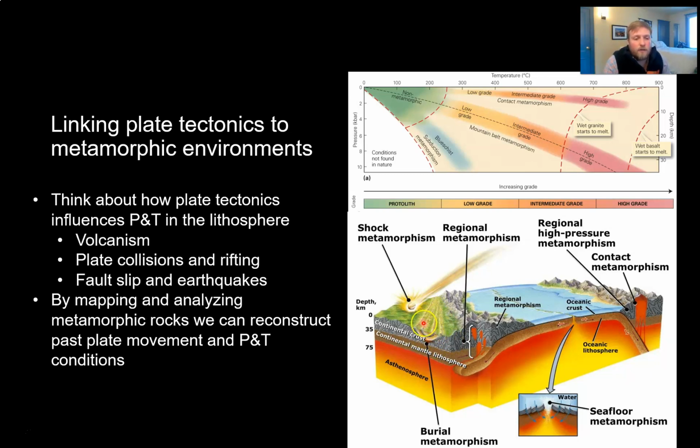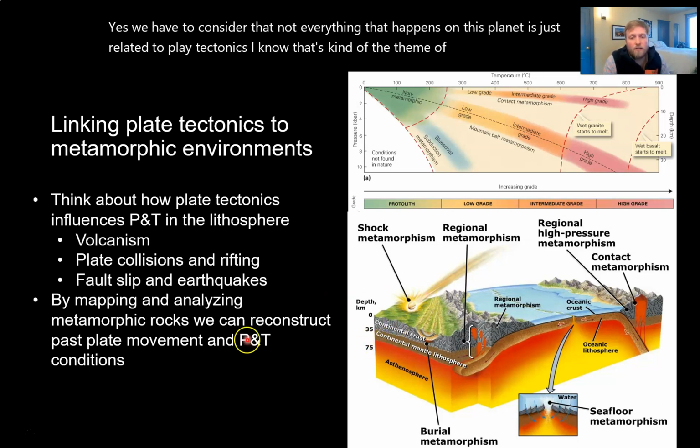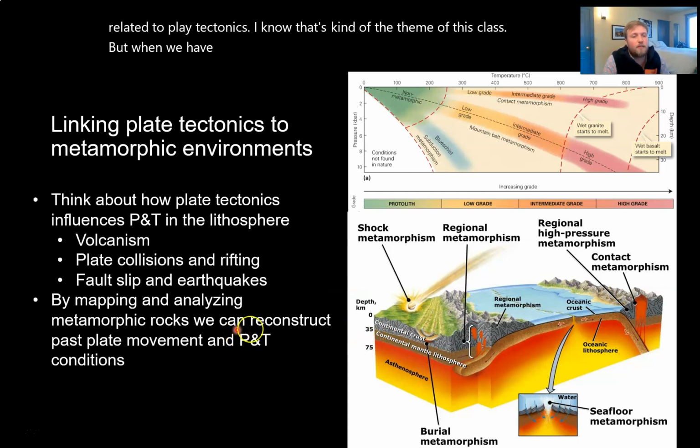And then, yes, we have to consider that not everything that happens on this planet is just related to plate tectonics. I know that's kind of the theme of this class, but when we have extraterrestrial events happen, like an asteroid impact, that causes changes to the surface of the Earth.